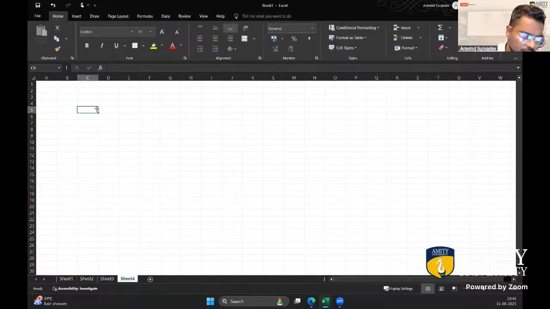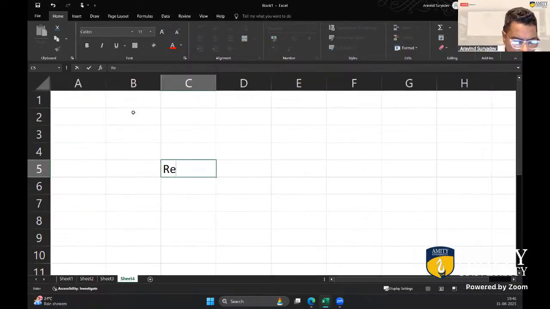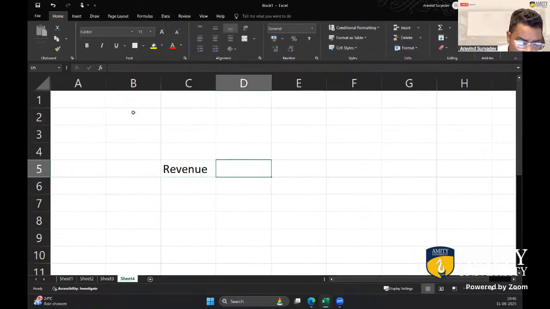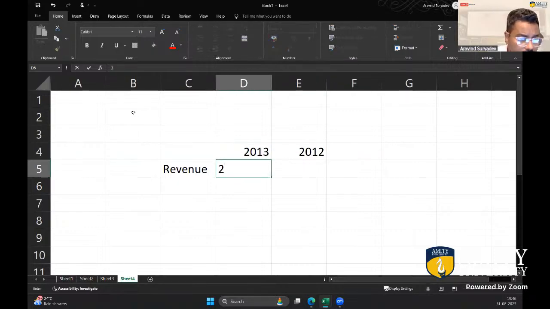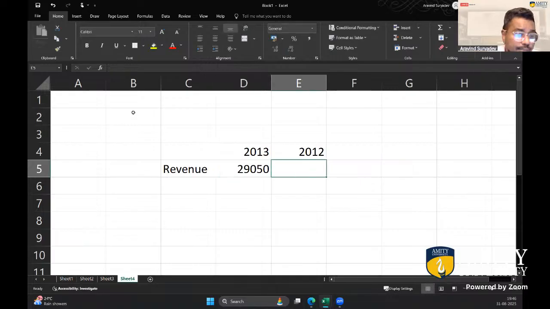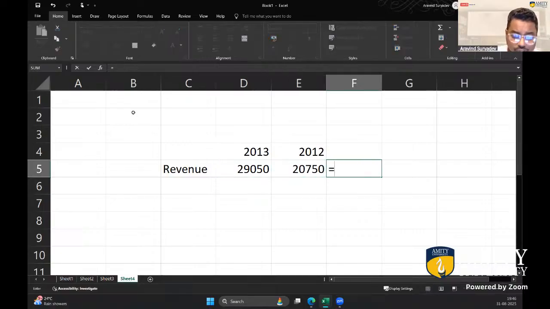Revenue in 2013 was 29,050,000. For 2012, it was 20,750,000. Now, what is the increase in revenue?